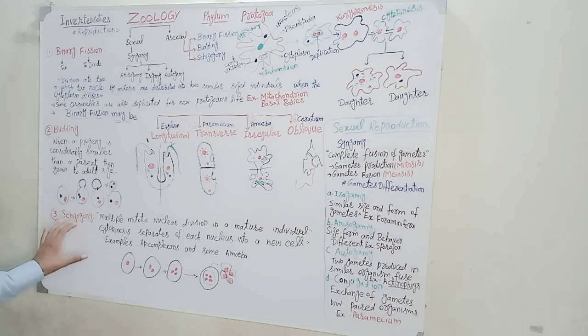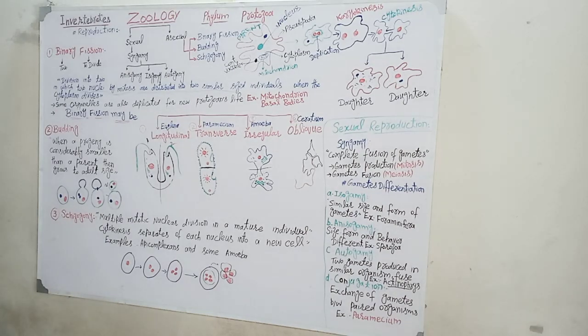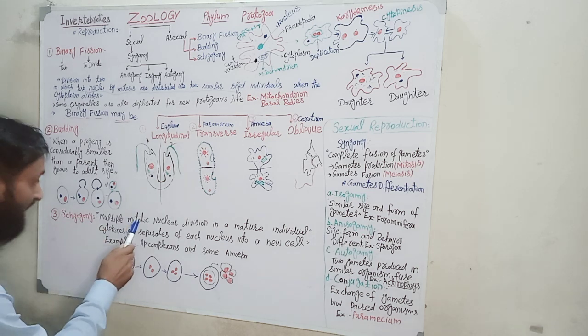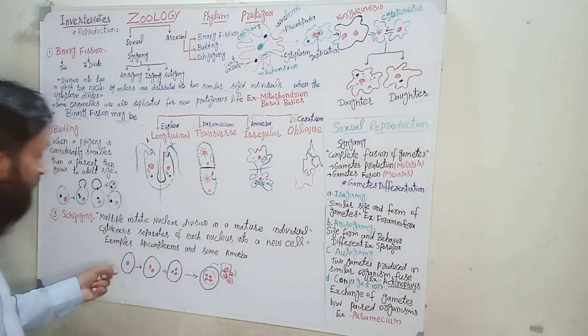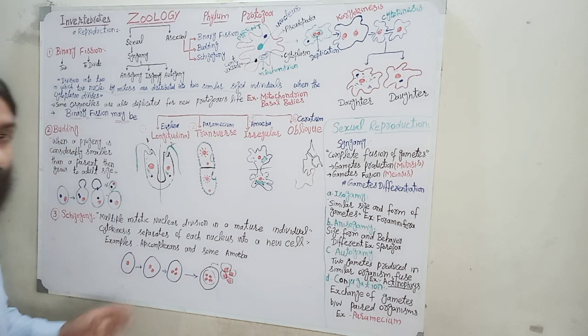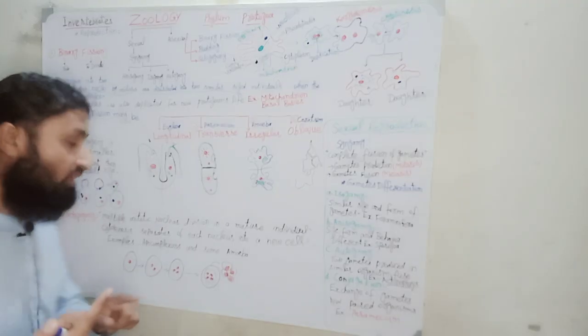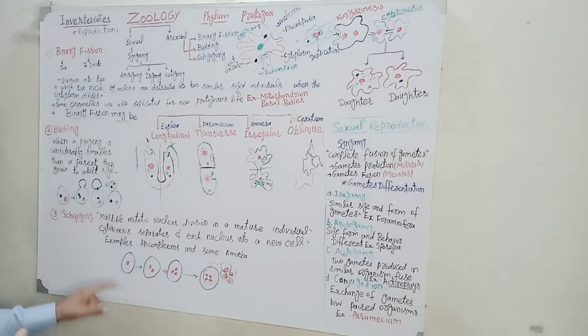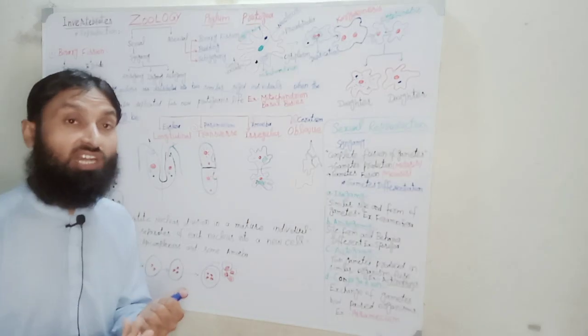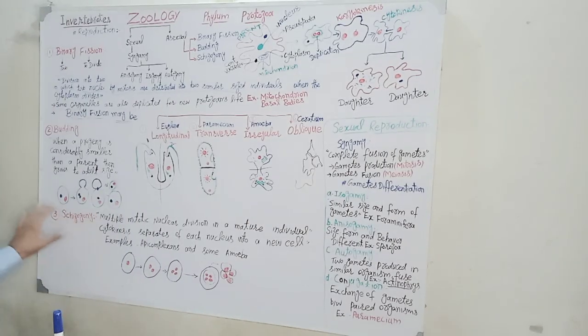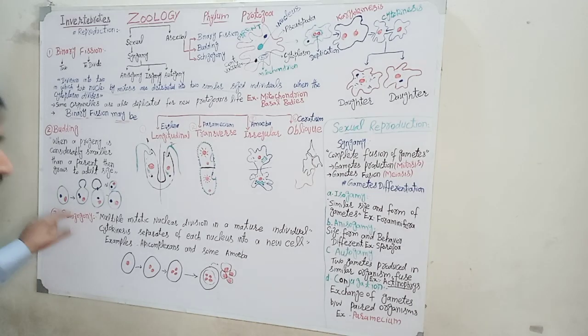This is schizogony. You must keep in your mind that in this mitotic nuclear division, the nucleus is dividing by mitotic division, and by mitotic division this is producing multiple nuclei, so therefore it is called schizogony.